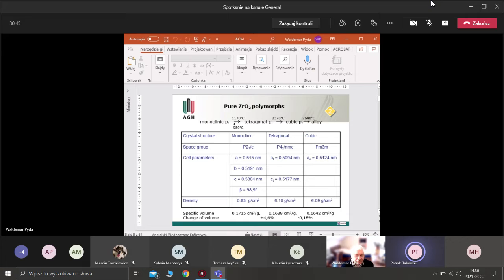Maybe you remember the martensitic transformation needs shear stress for appearing.